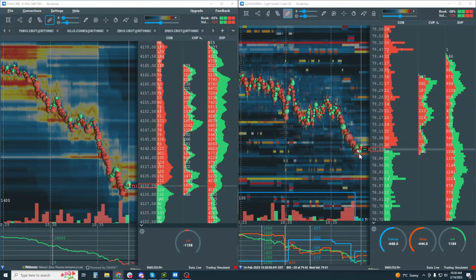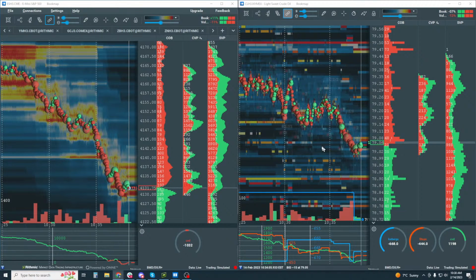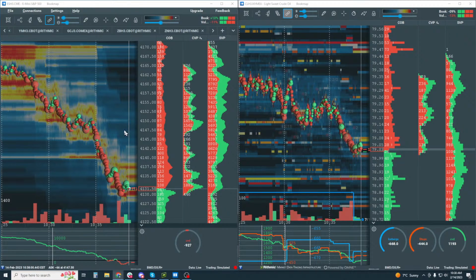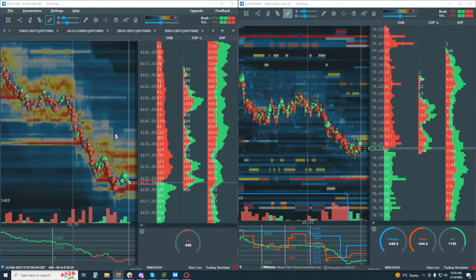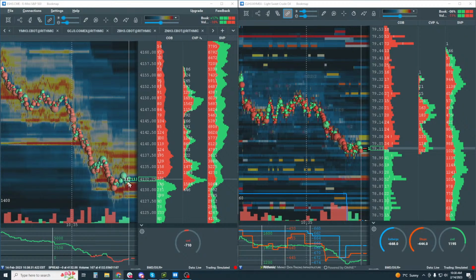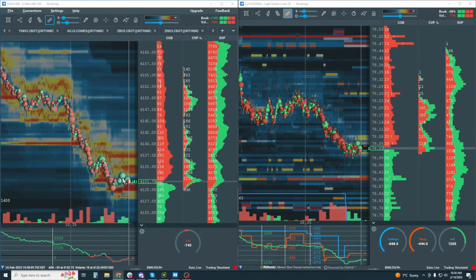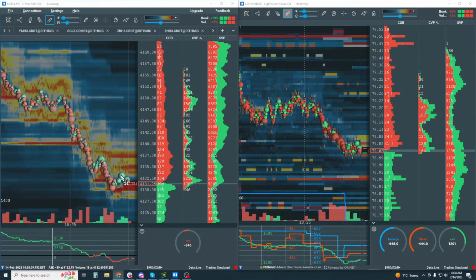If you were looking for that, you would have caught that move. The other thing to glean from this, and this is where the correlations can be tricky, is it's not 100% here, not even close, right? You have to look and wait for something that really stands out.